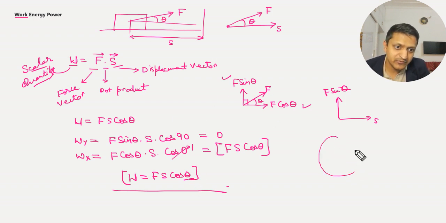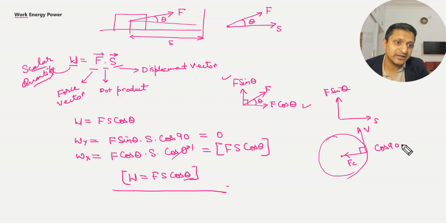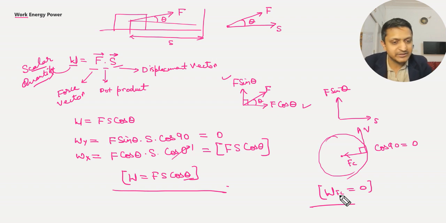For circular motion, the force is towards the center and the motion is tangential, so the angle is 90 degrees. Cos 90 is 0, so work done by the centripetal force is always 0. You have to take care of all such examples where the angle is 90, where the work becomes 0. This was the first important example.